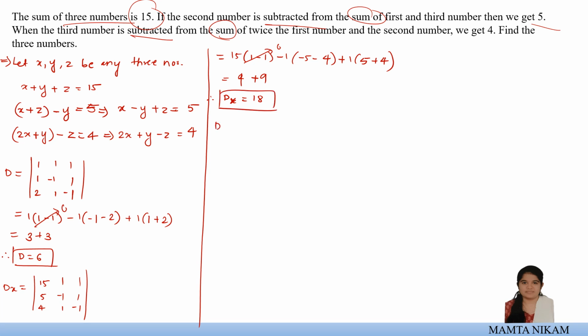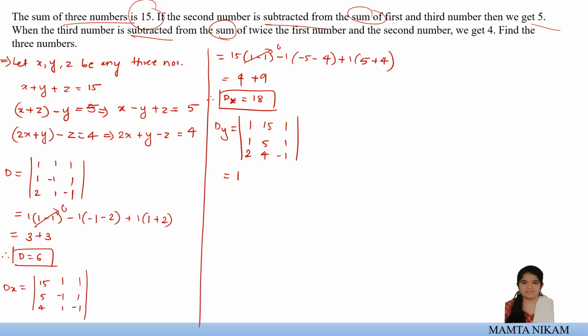Then we need to know what is Dy. What will Dy be? We replace the y coefficients in the determinant D with the constants. So this will be 1, 1, 2, 15, 5, 4, 1, 1, minus 1.